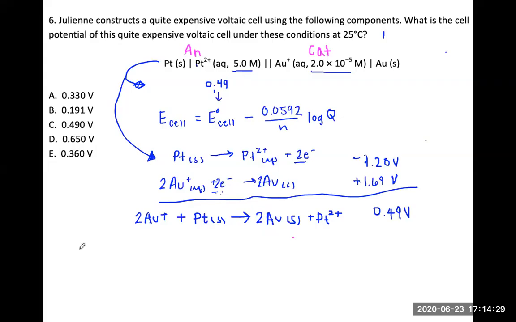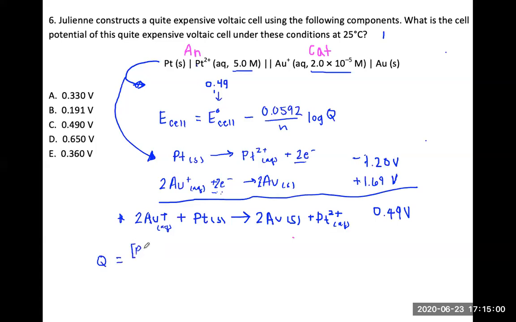Okay, so one of the reasons why we took the time to figure out what our overall equation is here is so that now we can figure out what Q is. You'll remember that we can write Q the same way that we write equilibrium expressions, but we're going to plug in any kind of concentrations into Q. So we can go ahead and say that our Q expression here is going to be our aqueous or gaseous products.